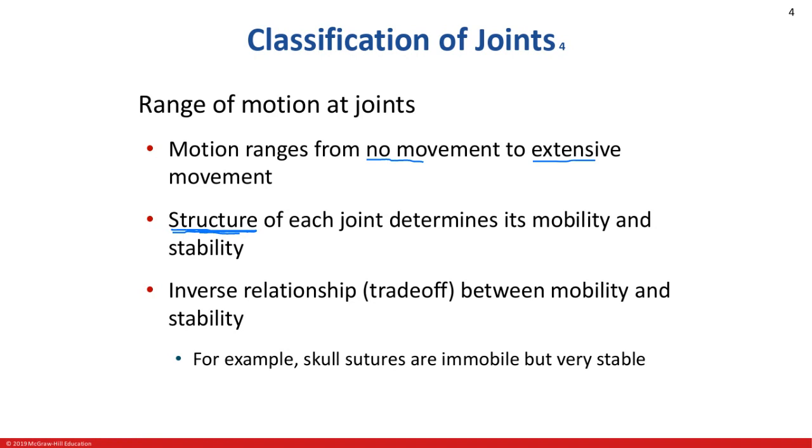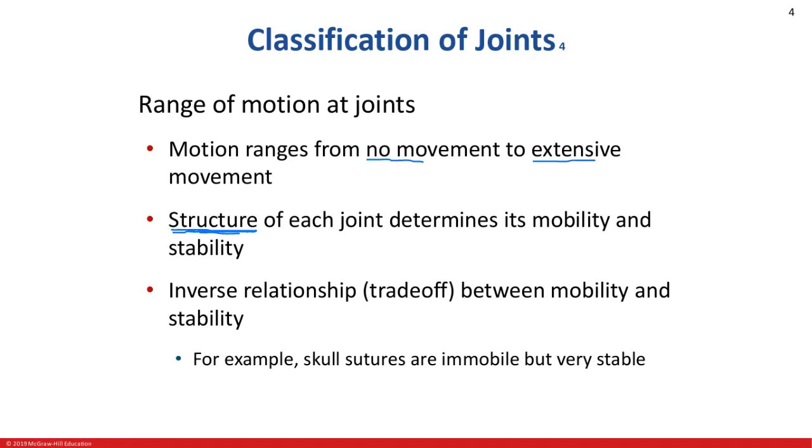It's an inverse relationship, which means if we have a joint that is very mobile, with a large or high range of mobility, it is unstable. So if we increase one, we have to decrease the other. Vice versa, a very stable joint is going to be immobile. We'll have a very low amount of mobility. So that's that inverse relationship.